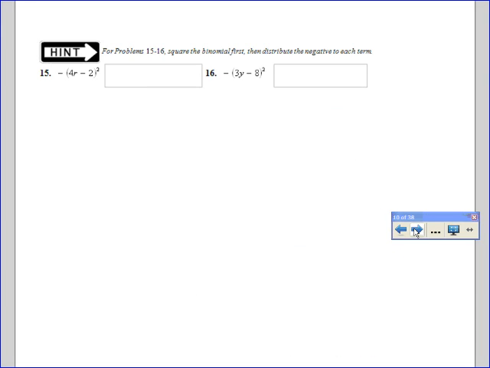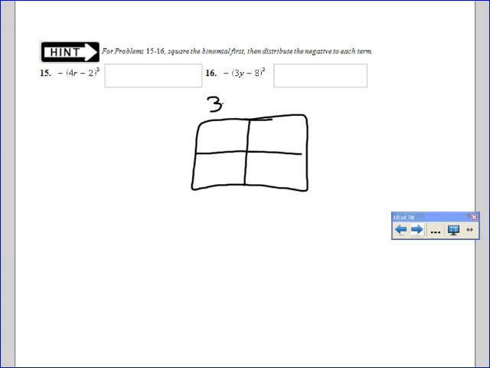Let's see if we can get to number 16. Here's what's going to happen with number 16. We're again going to only look at the stuff inside the parentheses. In this case, it's the 3y minus 8. 3y minus 8 is what we are going to use when we make the box.